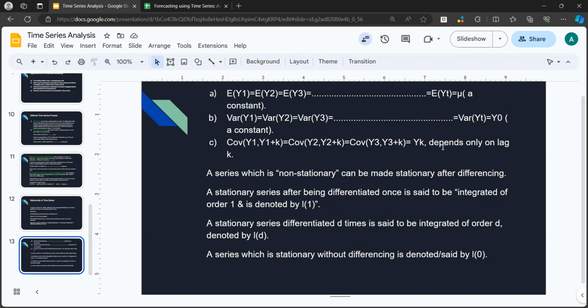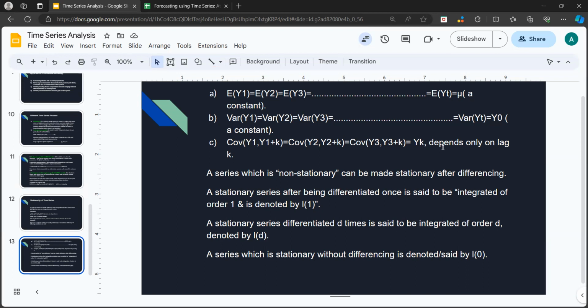Similarly, for T2 and T2 plus 3, it depends on 3. Both have the same covariance. If you calculate the covariance of YT1 and YT1 plus 3, it will be equal to the covariance of YT2 and YT2 plus 3. So it only depends on the difference.